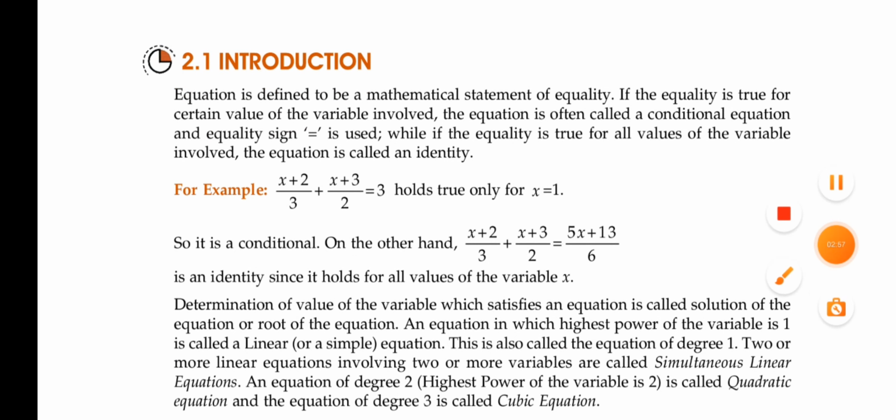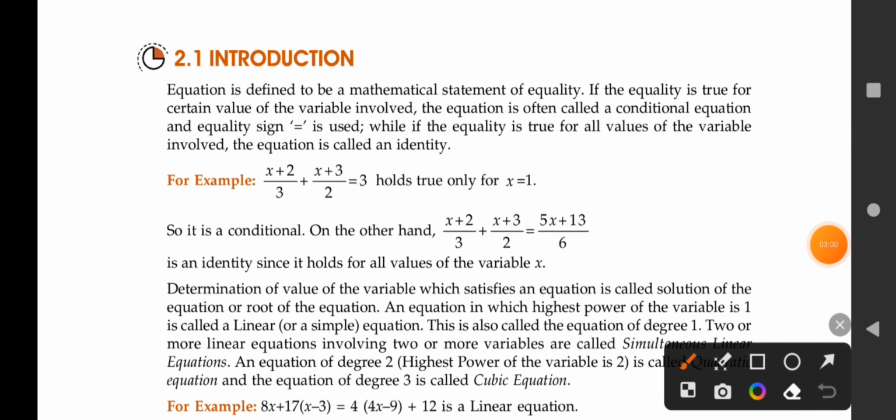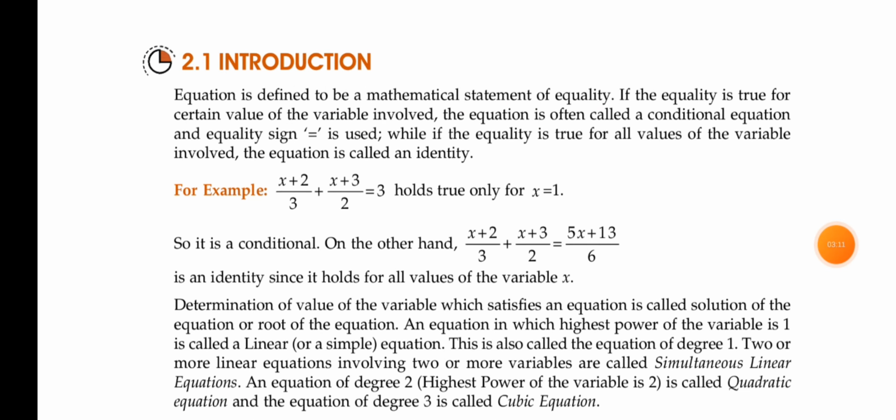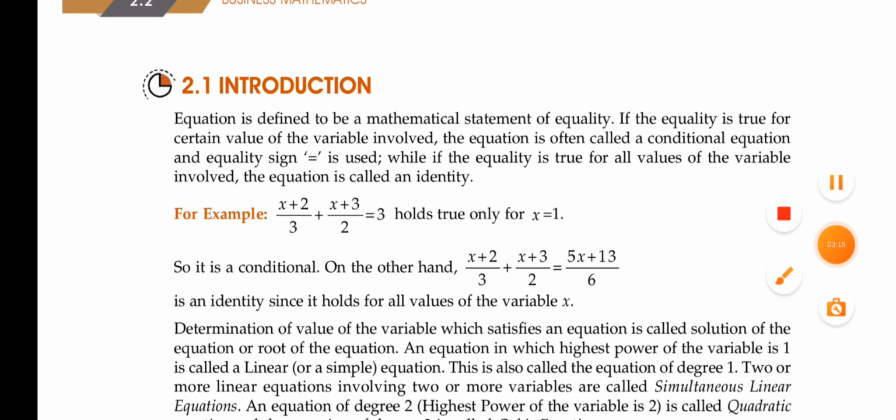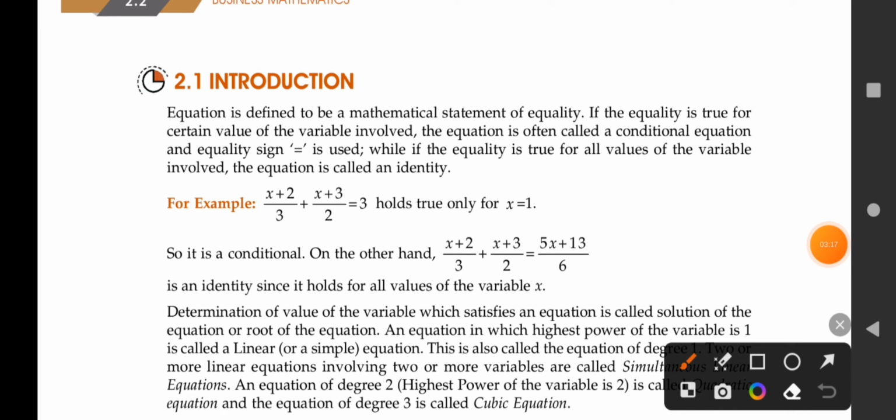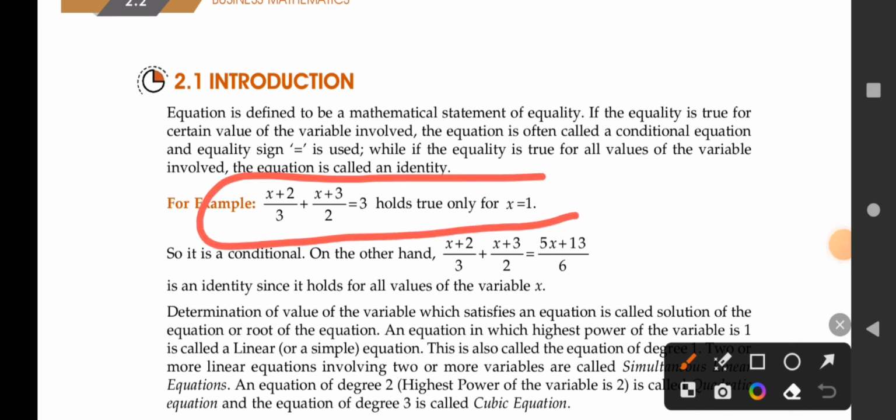So in the introduction part, you have seen what an equation is known as. It is a mathematical statement of equality. If the equality is true only for certain values, it is known as a conditional equation. So what is a conditional equation? For example, in this equation, there is only one value of x that will satisfy it.